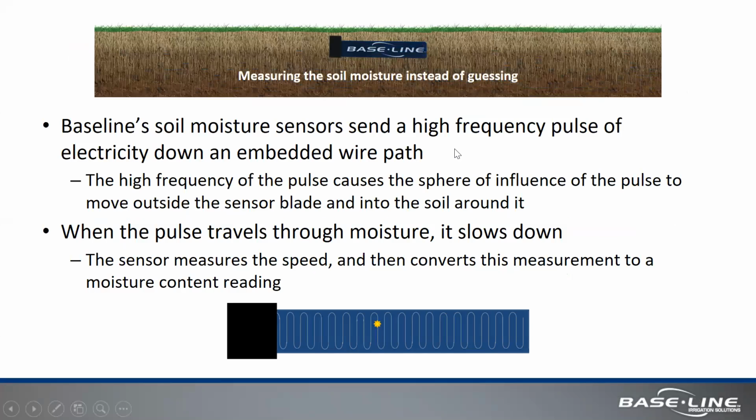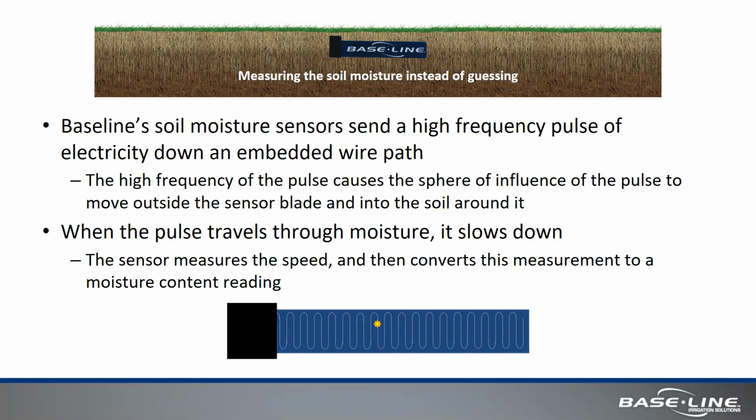Now, the way that the soil moisture sensor works and how it generates data that's used in irrigation scheduling is that in the sensor blade, there's a wire path that we send a high frequency pulse of electricity through and measure how long it takes to travel that wire path. And when the soil is wet, that signal travels slower.